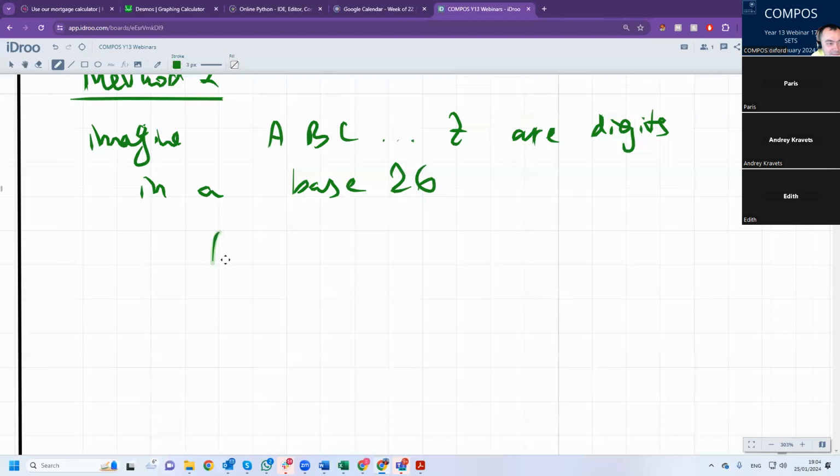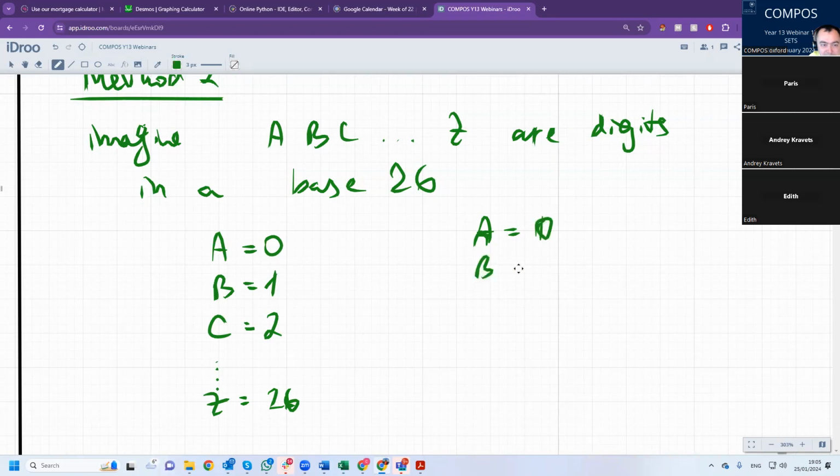So letter A is 0, B is 1, C is 2, etc. Z is 26. So A stands for 0, B stands for 1, C is 2, etc. So Z is 26.